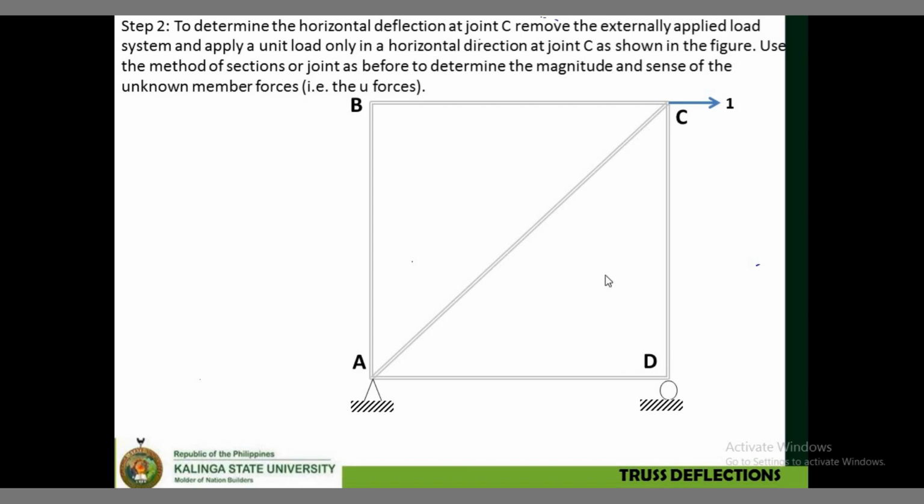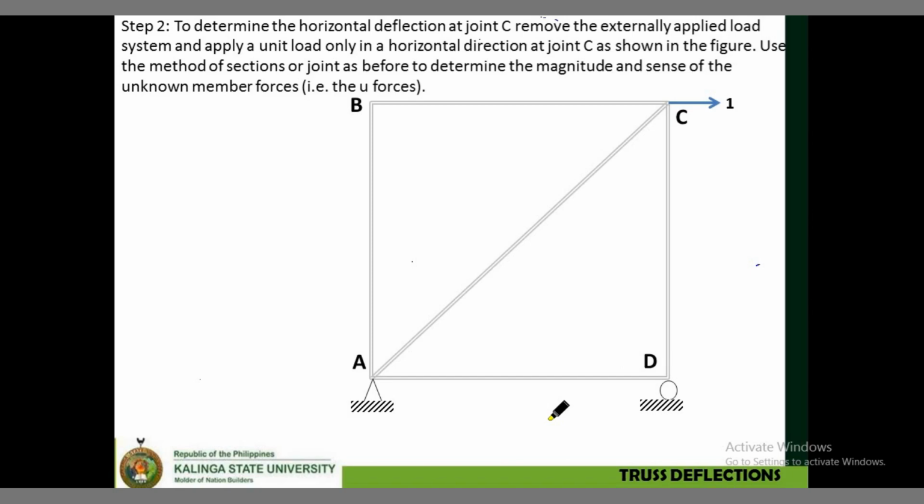Now, here, dito sa step 2, basahin nyo yung worded problem. Kasi sa worded problem, ang sabi doon, you are required to determine the horizontal deflection at joint C. The word nga, horizontal deflection.